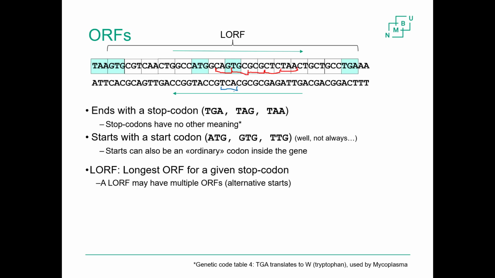Because if you take the complement of this one and read it backwards, right? Because the arrow is going the other way. This is TGA, right? So here is actually a stop, and then we have to go looking for the upstream triplets here as well. Exactly the same to find the LORF and all the other potential start codons inside, right?